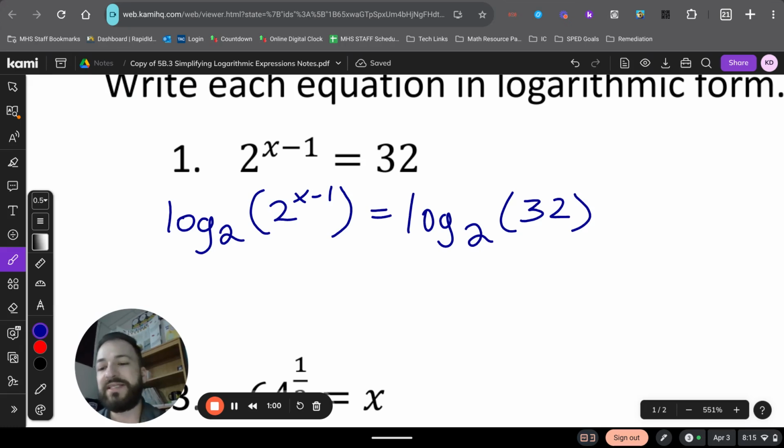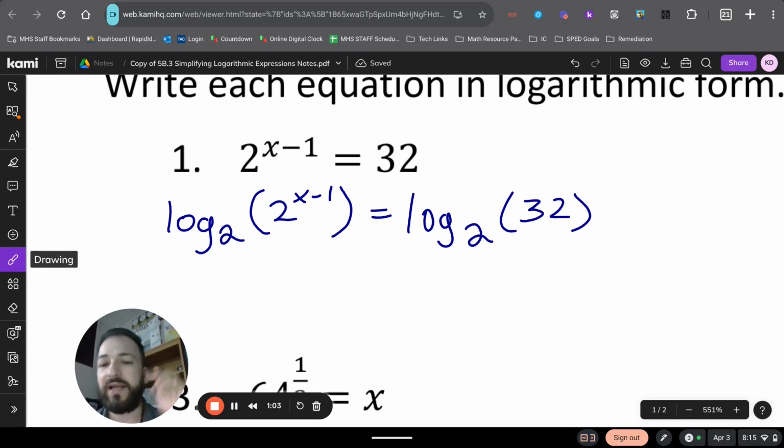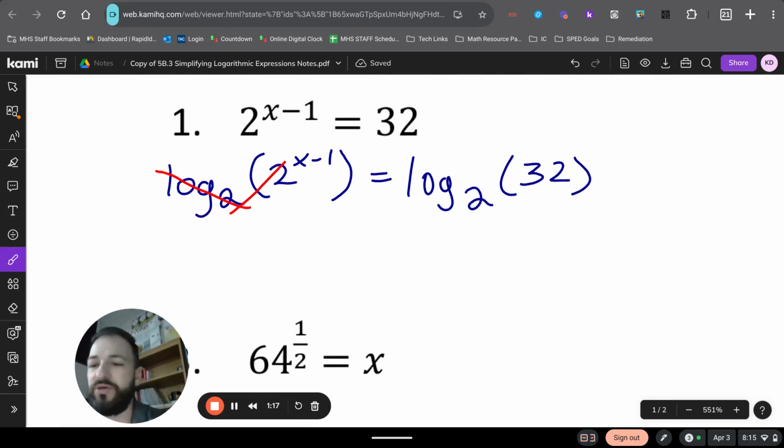But what we're going to see happen over on the left side, log base 2 and my exponential base 2, those are the same bases. They are inverse operations of each other. So they are going to cancel out. While over on my right side, I don't have a base of 2, so it's going to remain log base 2 of 32.